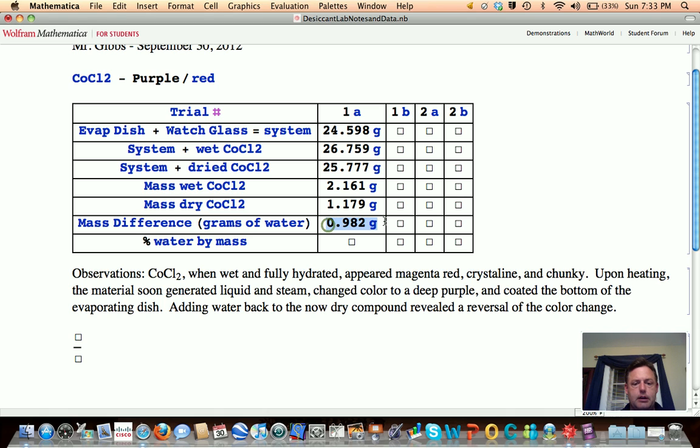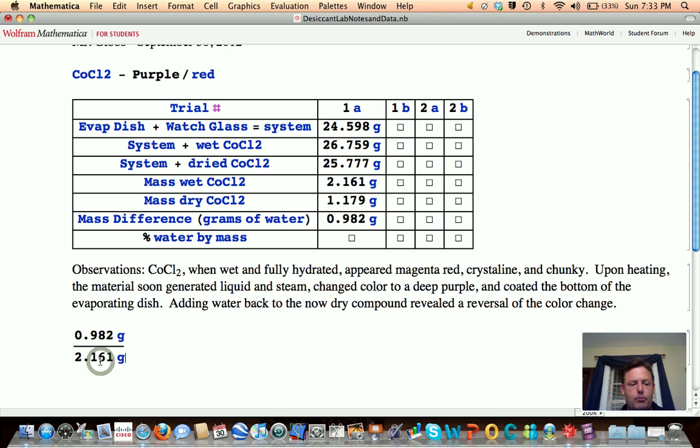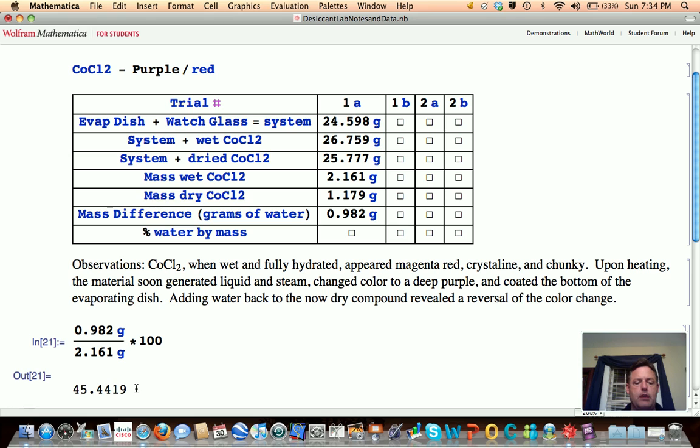And I will take this guy right there, and that's my grams of water. And down below, I'm going to put down the total wet compound. Okay. So remember that whenever you do a percentage, you're always doing a part, the small part, the grams of water, compared to the whole, in this case, the compound full of water. And I'm going to times that by 100 because I want this to be a percentage.